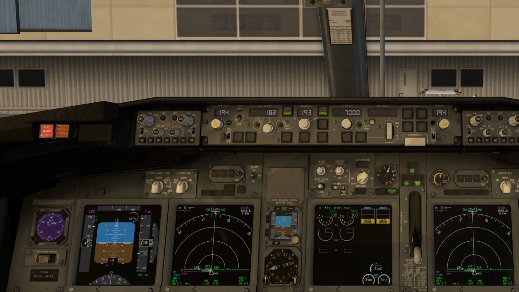We can put 220 as initial speed. And let's see how it goes. After the pushback, we will taxi to runway 19R.